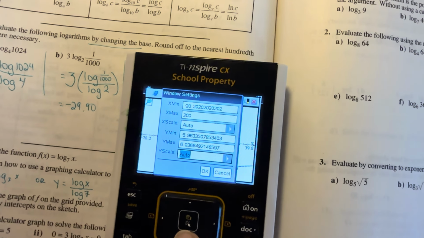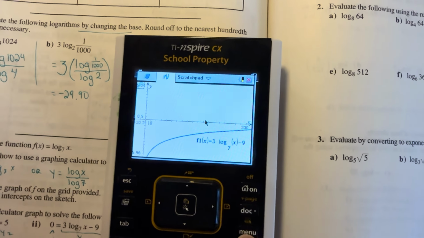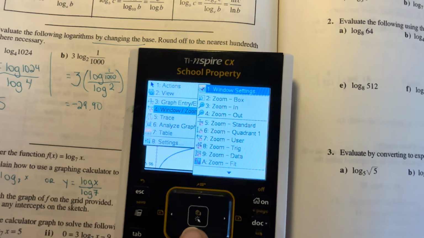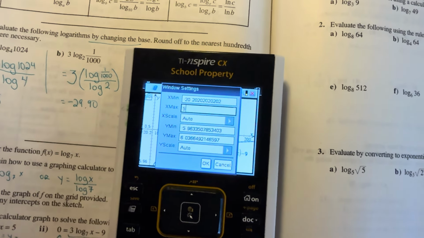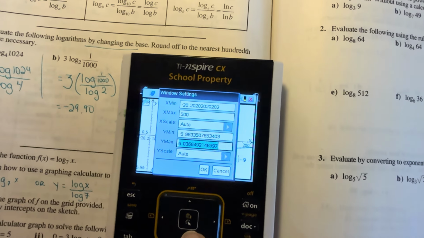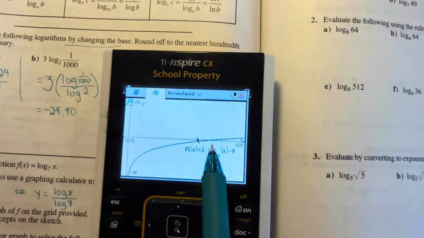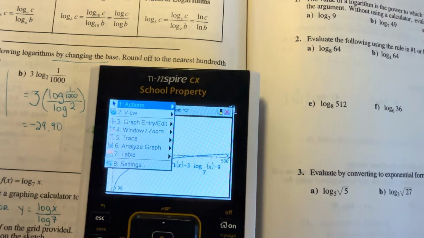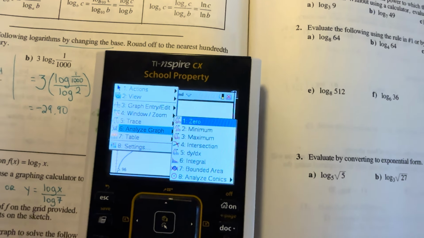Okay, good. Oof, still not. Okay, menu 4, window settings, I'm going to go 500. Okay, jackpot. Now I can do menu, analyze graph, if you're on these ones, 0.